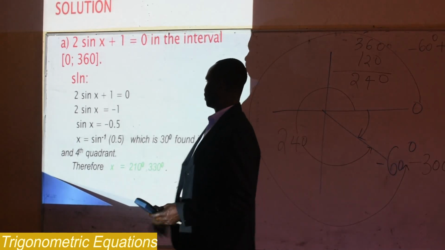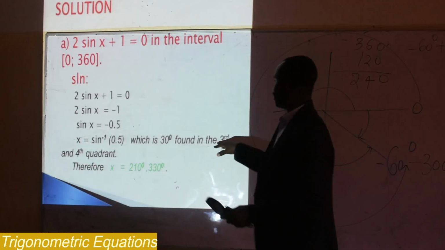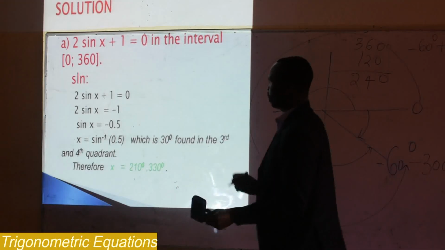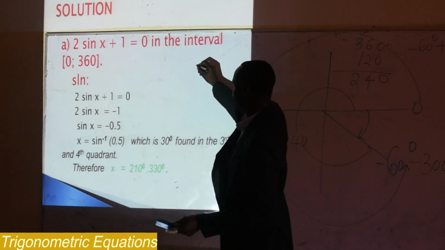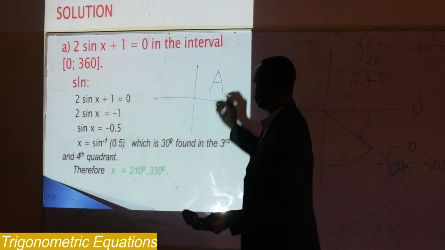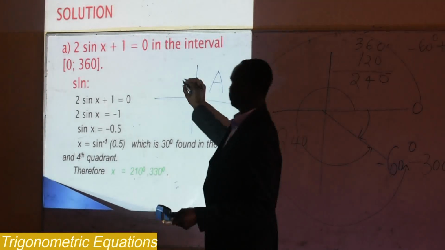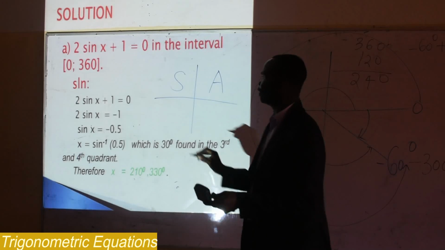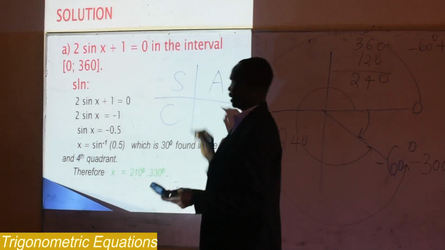Then sin inverse of that one, which is 30 degrees, found in the third and the fourth quadrant. Why is it found in the third and the fourth quadrant? Here, all angles are positive, including sin. Here, the sine value is positive. Here, the cosine is positive.